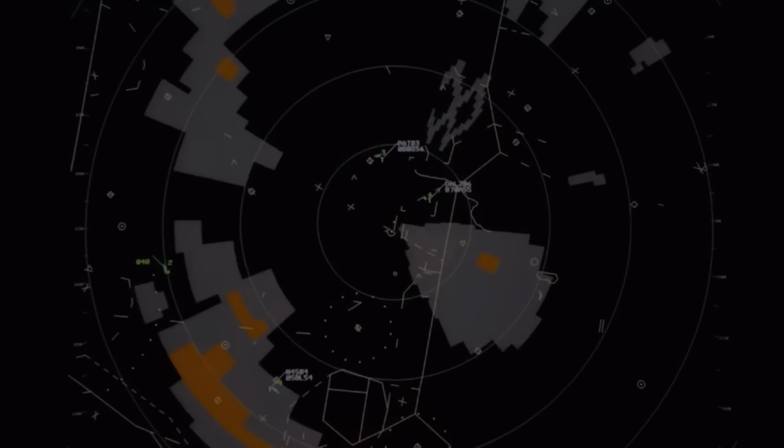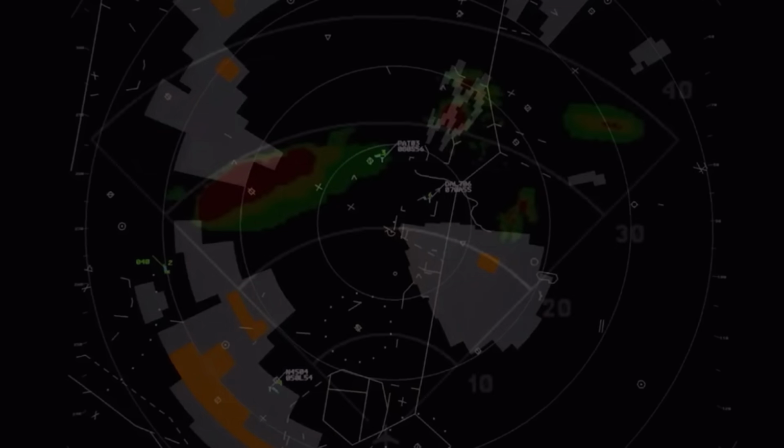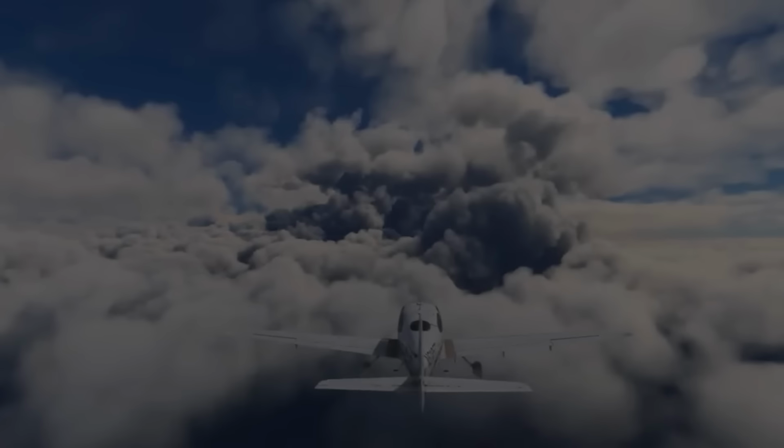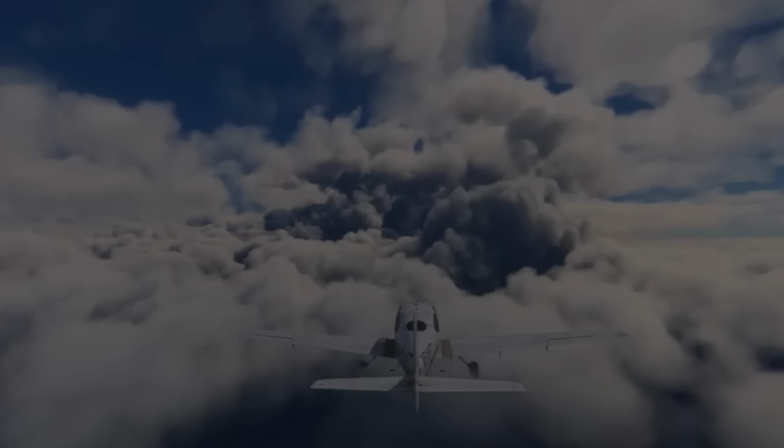This can include radar data and visual weather maps. Air traffic control can suggest alternative flight paths to help the pilots steer clear of the storms. This might involve rerouting the flights or providing vectors to avoid areas of the severe weather.